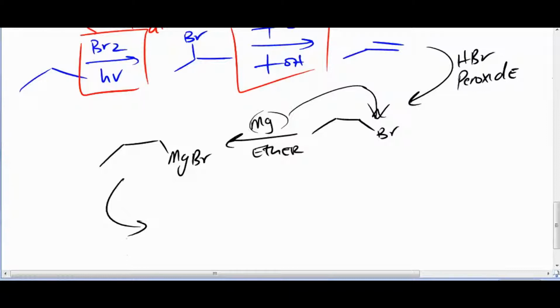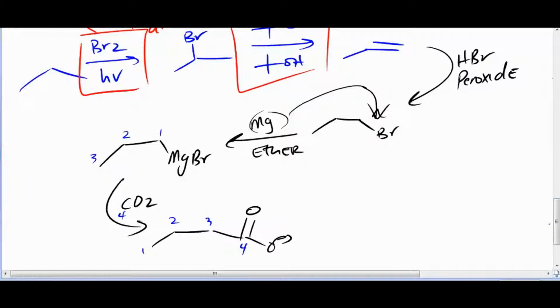CO2. That's right. So once we react it with CO2, notice that here I have 1, 2, 3 carbons. This is 4. So I should have 1, 2, 3, 4 carbons. So it's going to elongate the carbon chain by 1.